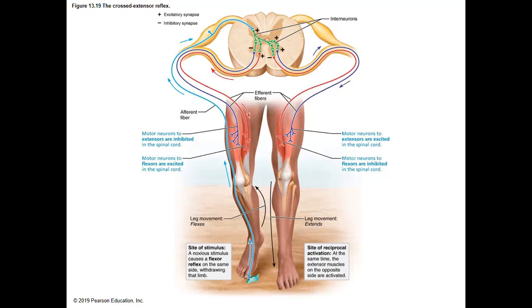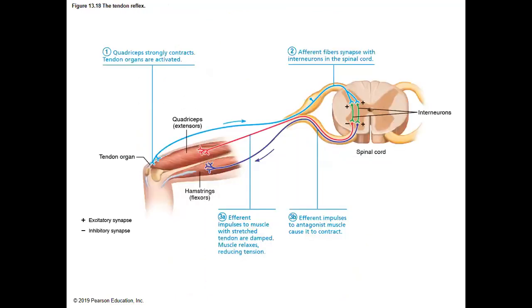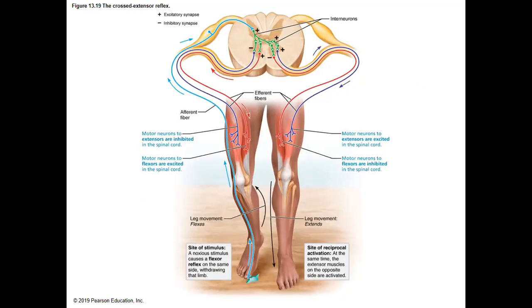Very similar to what we talked about over here. The only difference is that now we're looking at two legs being moved, but it's the same thing. The same principles apply. It may look a little more complicated, but it really isn't. It's the same efferent going on.